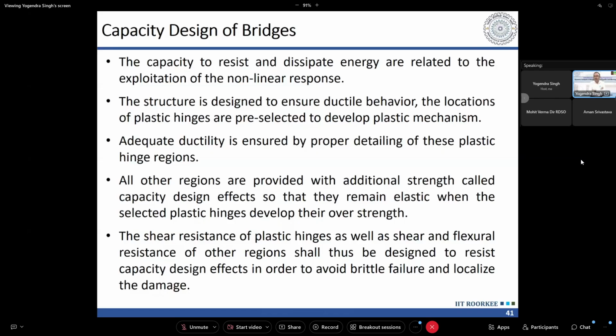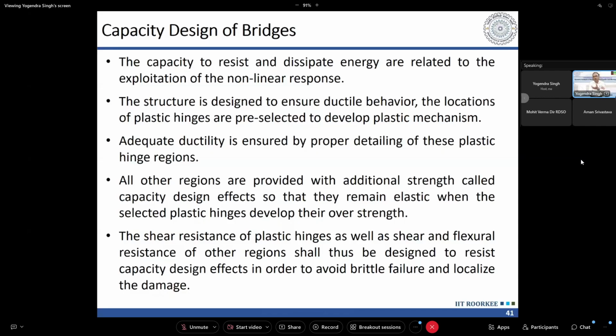But if I am using an R factor value greater than 1, then it will undergo some damage, and that damage will lead to nonlinear response of the structure, and due to that inelastic nonlinear response, the structure will dissipate energy.